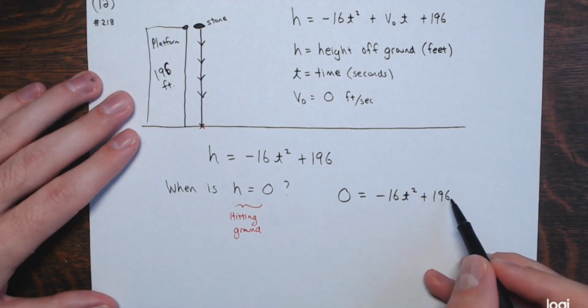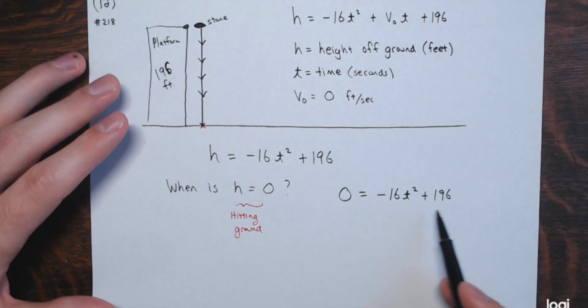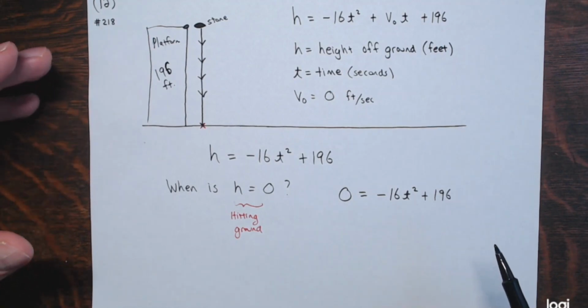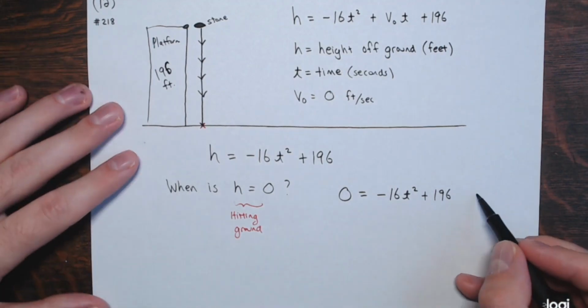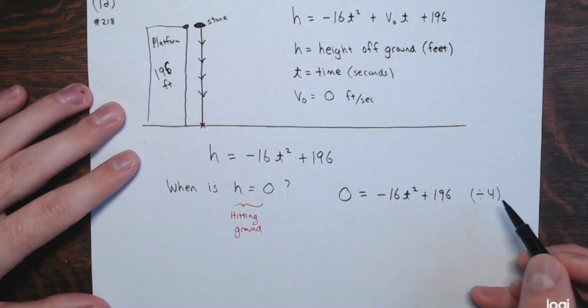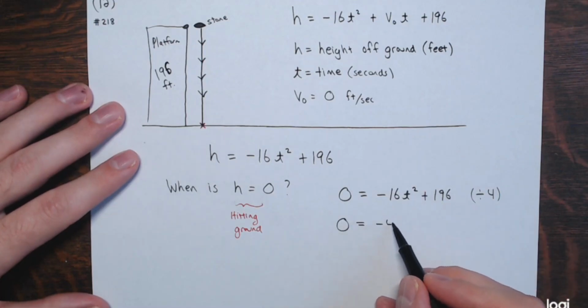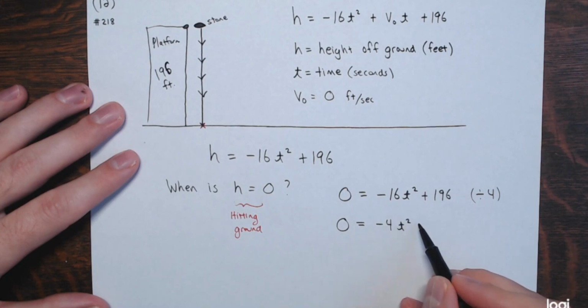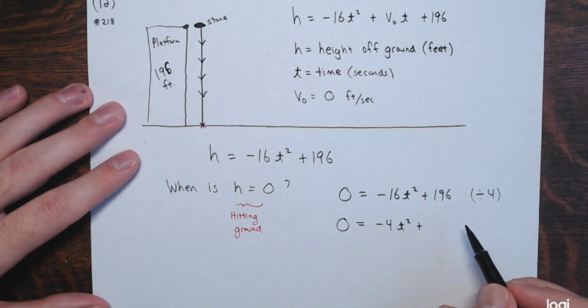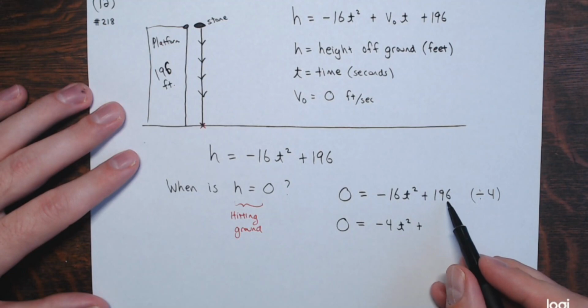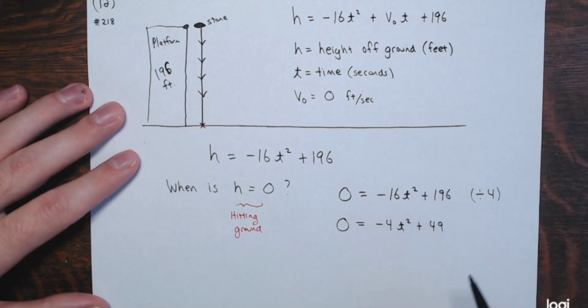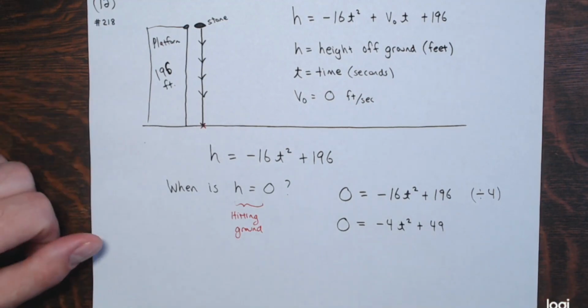And yet again, I notice that all the coefficients here are divisible by 4. So I'm going to divide by 4 first, just to make the numbers a little smaller. So you still have 0 on the left, equals negative 4t squared plus 49. Yeah, 160 plus 36 is 196.